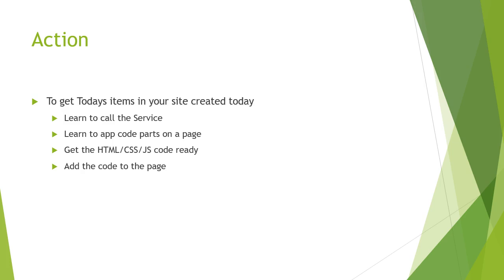So in that case, we will use the search API and find the items which are created today using the keyword query language write equal to today. After that, we will learn to write the HTML, CSS, JavaScript code, and finally we will add the code to a page either using script editor or content editor web part.